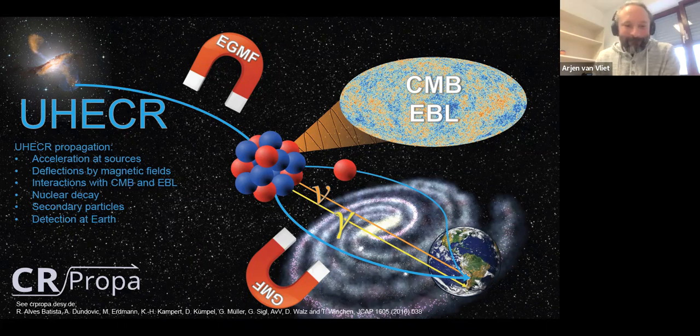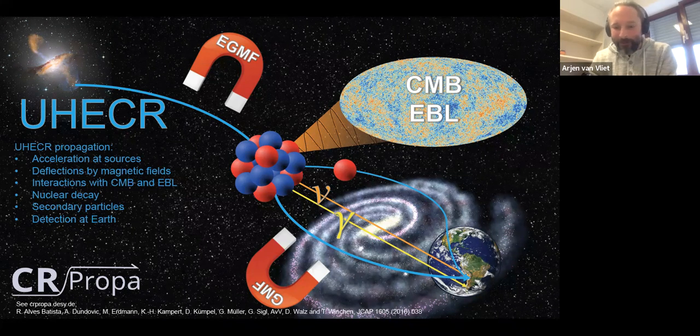We are actually at the point of releasing a new version of CRPropa. If you're interested in this code, check it out. We have the website there with all the information, and it's publicly available code, so anyone who wants to use it can just download it. Somewhere within the next week, the new release should come online.